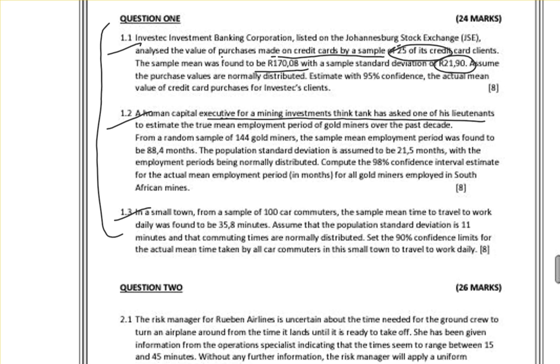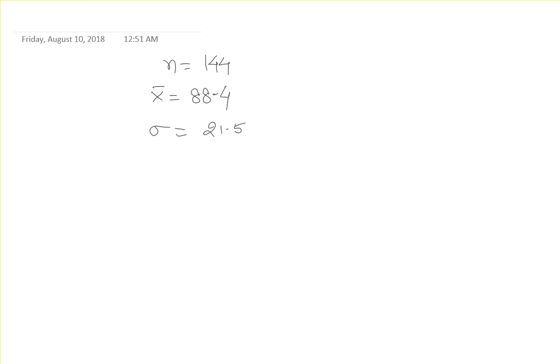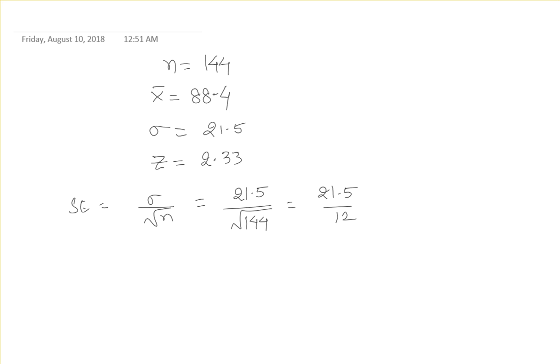For the 98% confidence interval, Z is equal to 2.33. SE is equal to sigma upon root n, that is 21.5 divided by root 144, that is 21.5 upon 12.